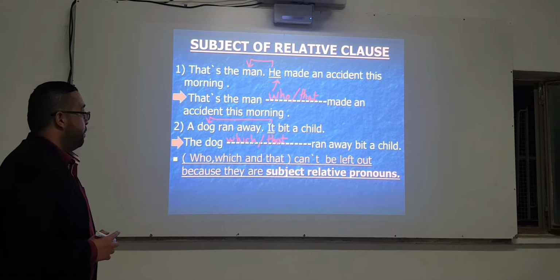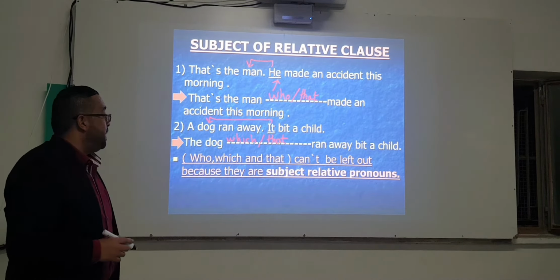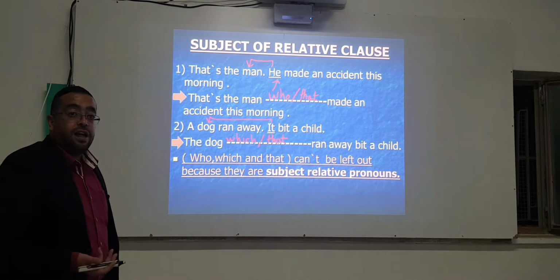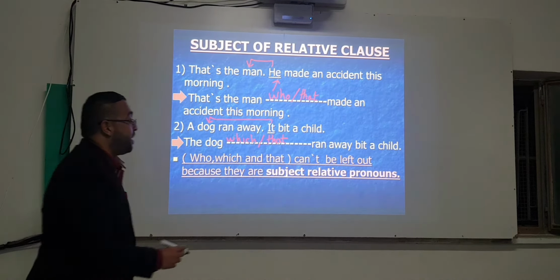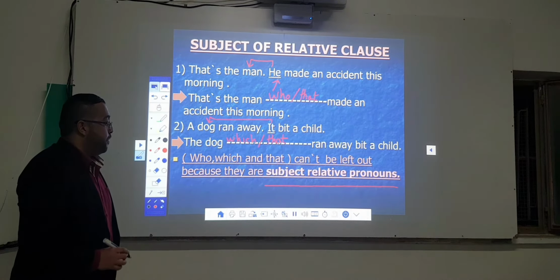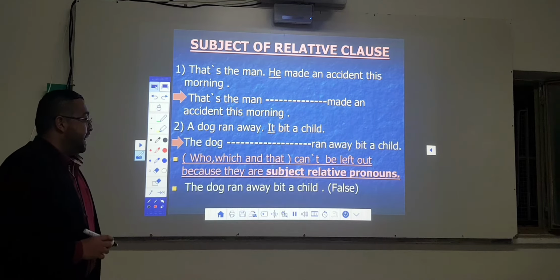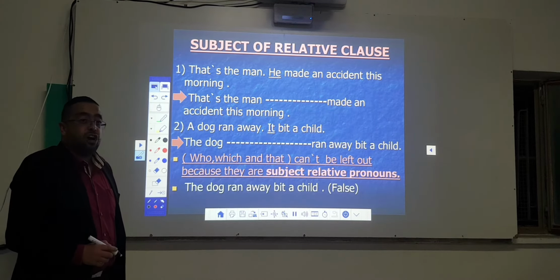So who, which, and that cannot be left out. Why? Because they are subject relative pronouns. Look here. The dog ran away with a child.